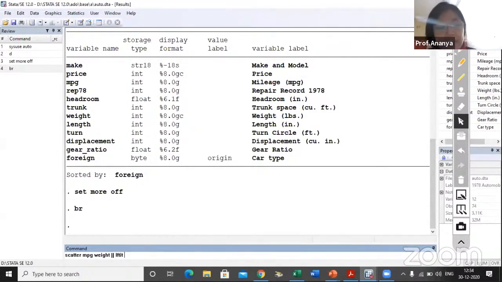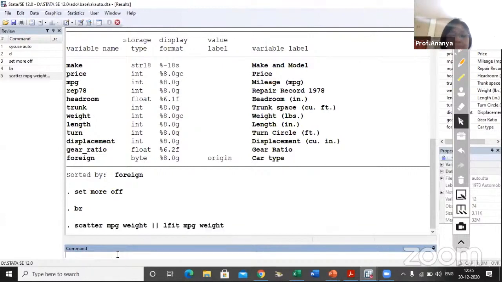So I type scatter mpg weight, and then I put double bar, which is just over your slash key. You type that twice. And then you type lfit mpg weight. It will show me the graph once I have typed this command.